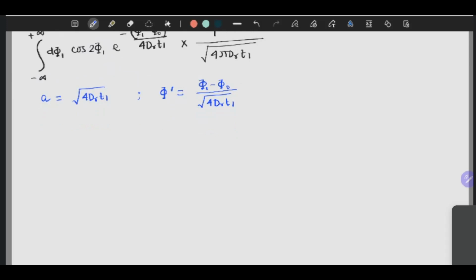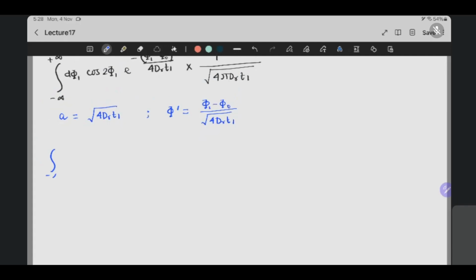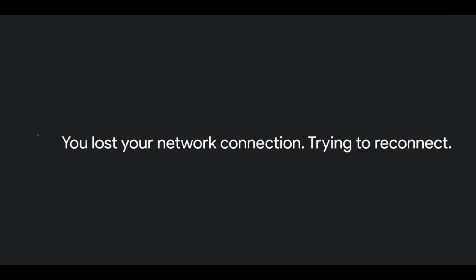Then it becomes the integral from minus infinity to plus infinity a dφ prime cos of 2φ1, which means 2(b φ prime plus φ naught), e to the power minus φ prime square, times 1 by root π into a.